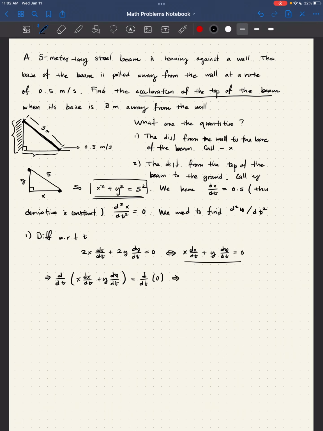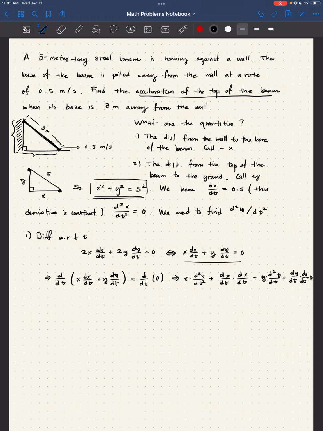And from here, we obtain x times the second order derivative of x with respect to t, plus dx/dt times dx/dt, plus y times the second order derivative of y with respect to t, plus dy/dt times dy/dt equal to 0.